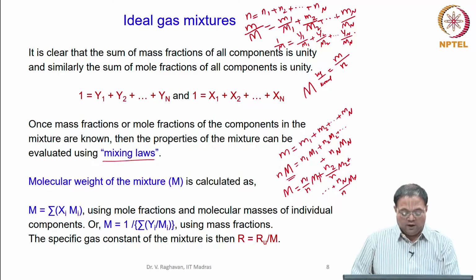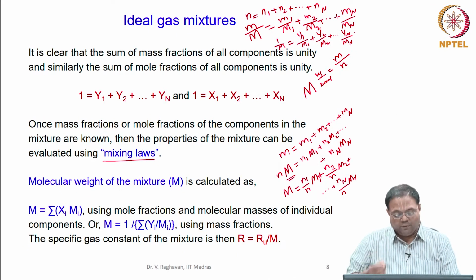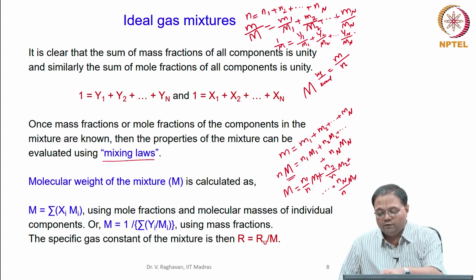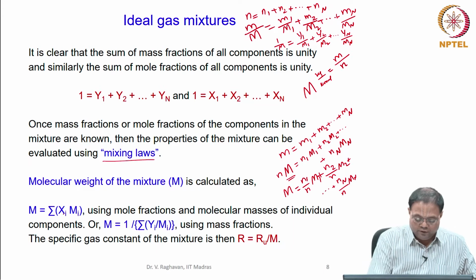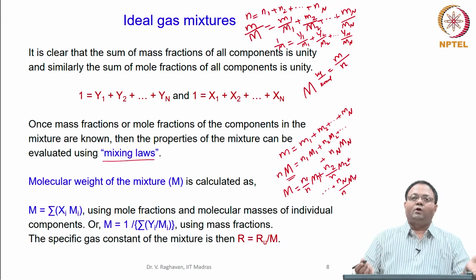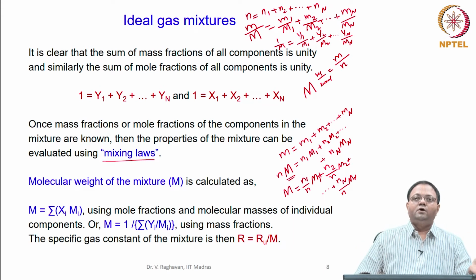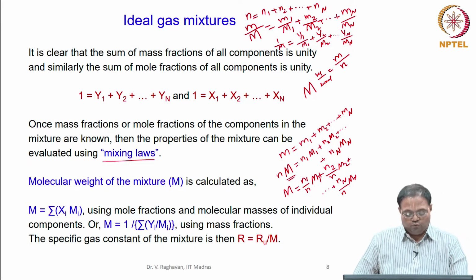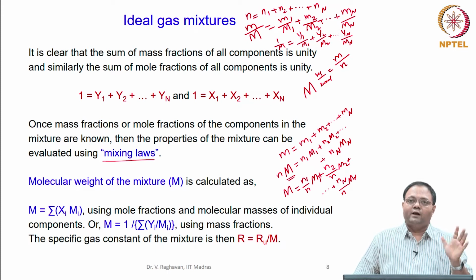That is what I have written here. So M will be equal to 1 by the sum of yi by Mi, okay. So that is what I have written here. The first thing is you have to calculate the molecular weight of the mixture. Once you know the mole fractions or mass fractions, use one of these equations to calculate that.